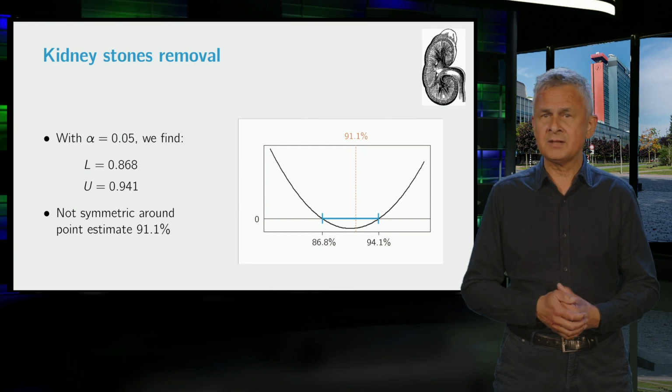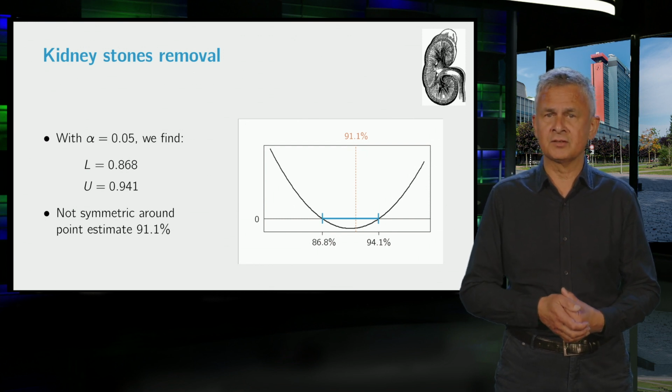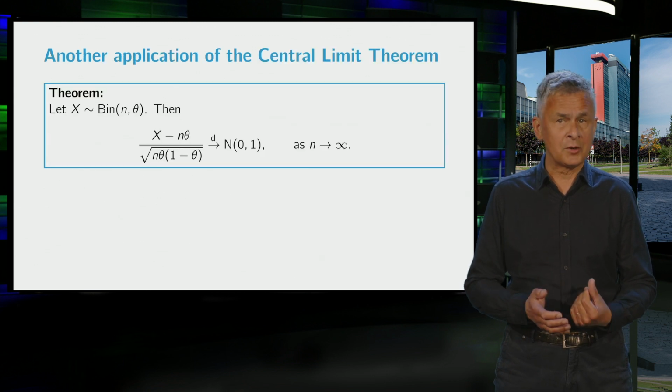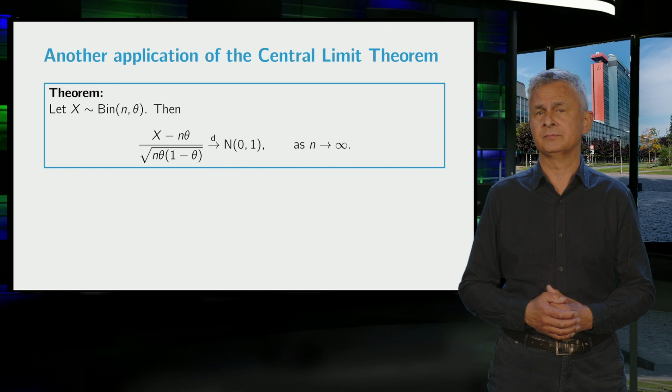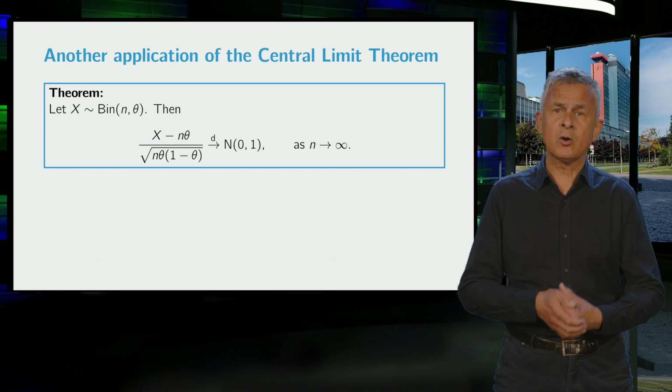Now, clearly, the manual derivation of this confidence interval is quite involved. To avoid this, we can use another variation of the normal approximation that more quickly leads to another large sample approximation. Now, recall the normal approximation for the binomial distribution.